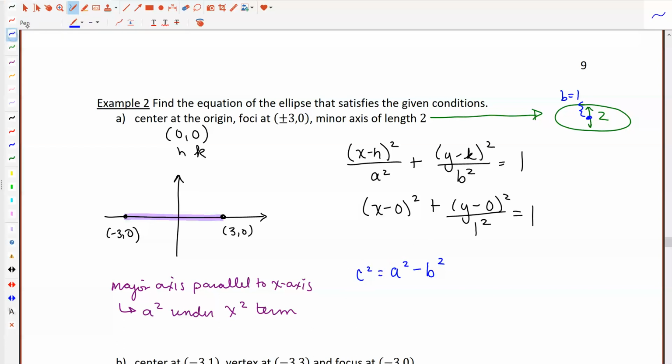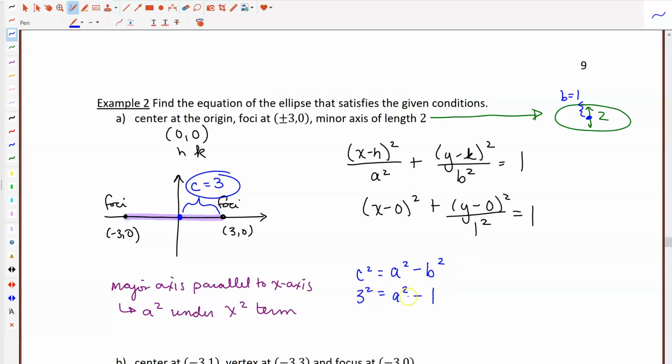c is the distance from the center to the foci. These are your foci. So this distance right here is my value for c. All right, so I know that. Okay, so I get 3 squared is equal to a squared minus 1 squared, which is 1.